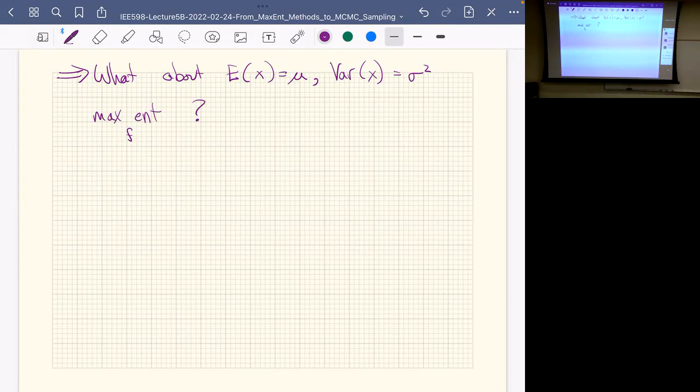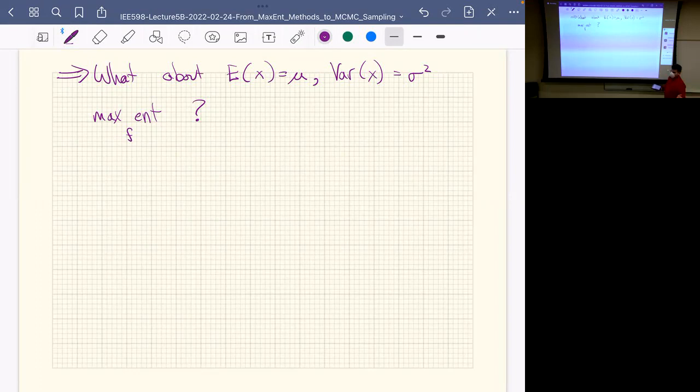With a known mean, a known variance, I see a bunch of guesses online, and let me see if there's any guesses in class. Known mean, known variance, that's all you know.